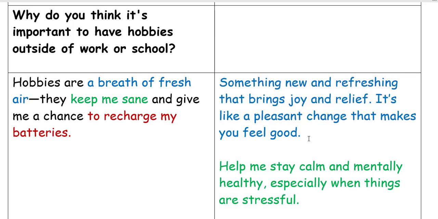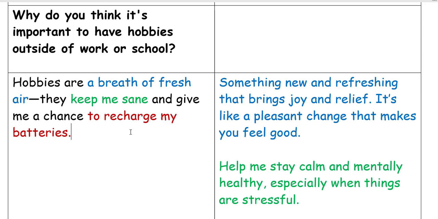So for example, you really like playing football. So when you play football, you get excited, you are happy, you are full of beans. It's a breath of fresh air. It's something new that makes you happy. Okay, next, to keep me sane here means help me stay calm and mentally healthy, especially when things are stressful.